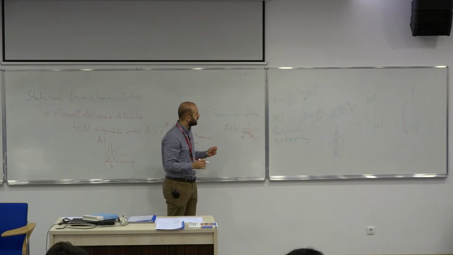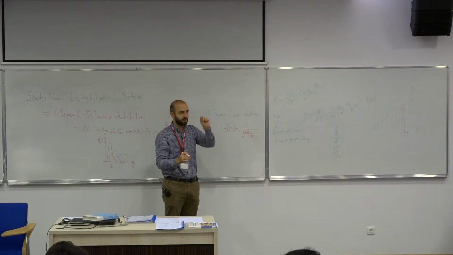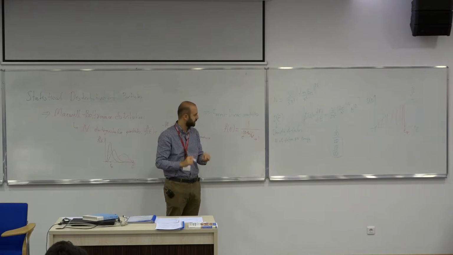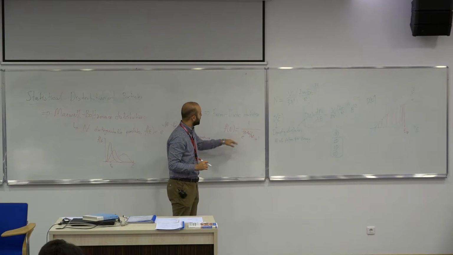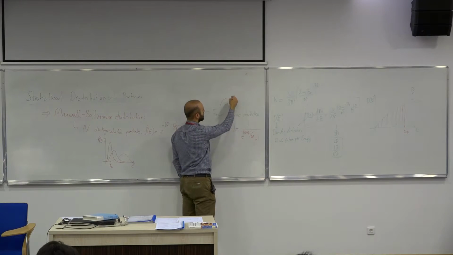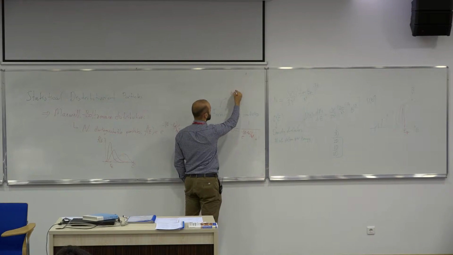I don't want to go into the derivation of these distribution functions, but it stems from the counting. If you remember, when we fill these quantum states, we said, I take this electron and put it in this level, I take the other electron and put it in that level. But the correct counting must take these two things into account. First of all, these quantum objects are not distinguishable.